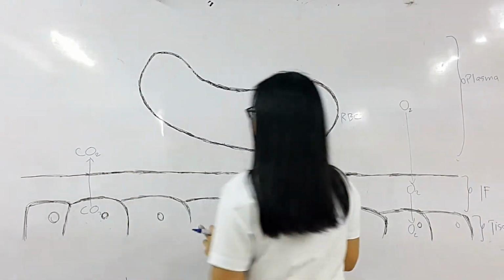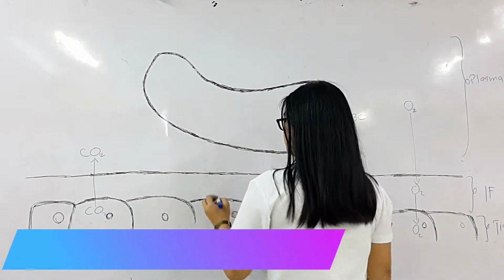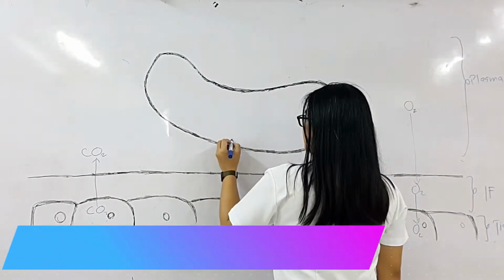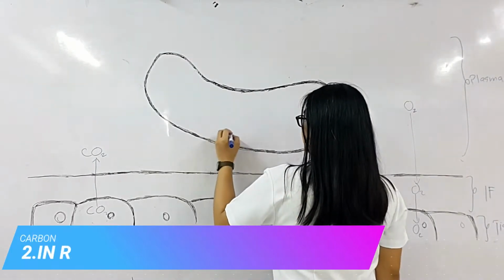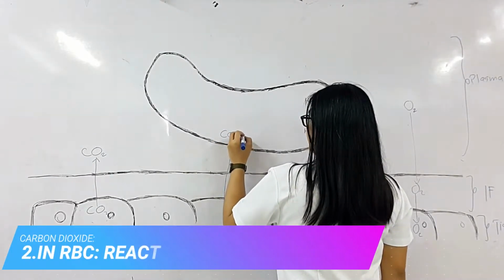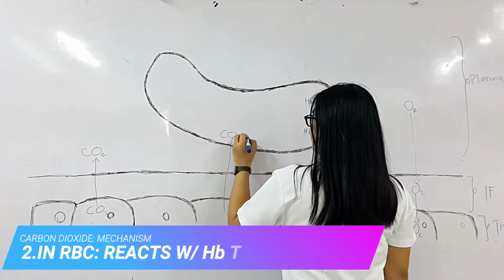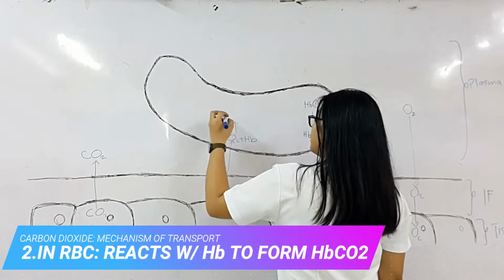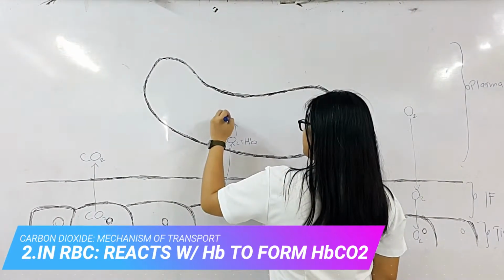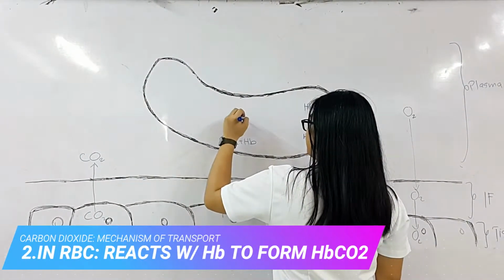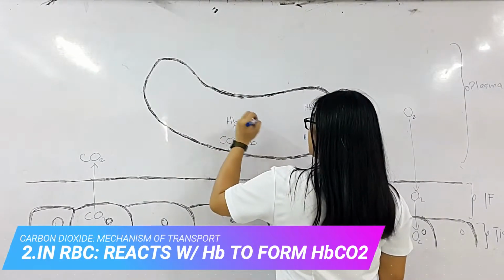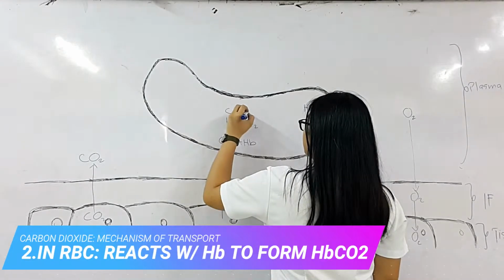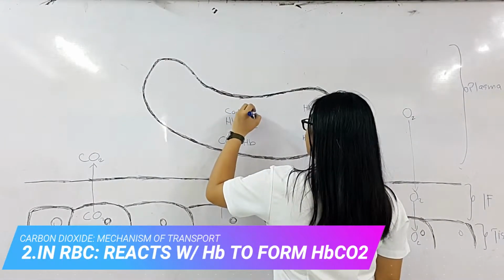Next, some carbon dioxide is transported to the red blood cells and reacts with hemoglobin, which then will form carbaminohemoglobin.